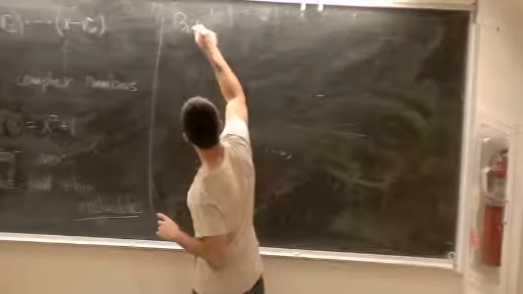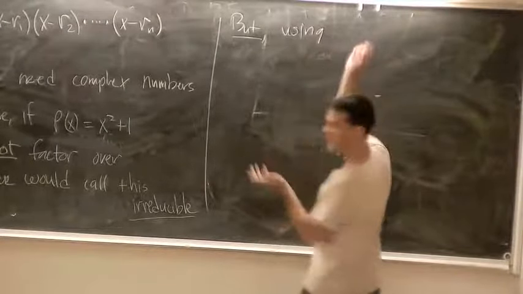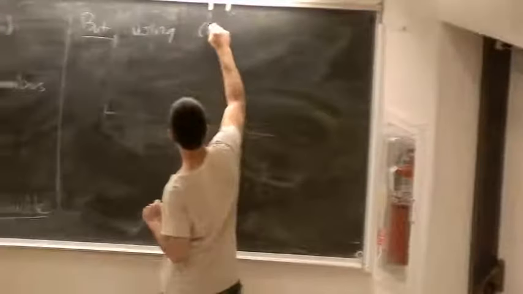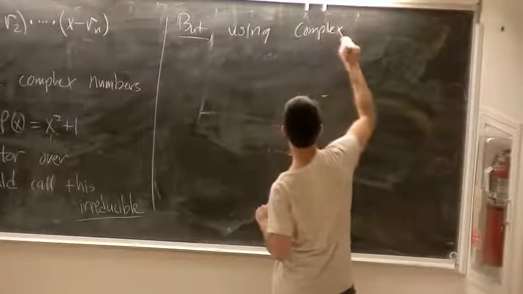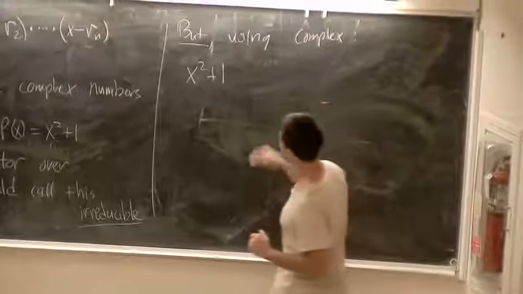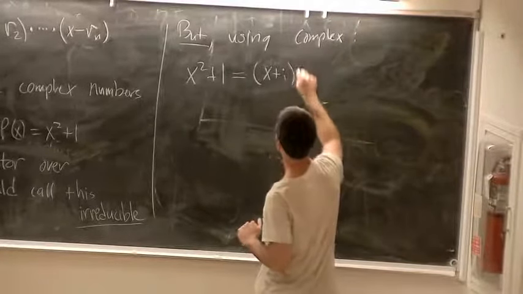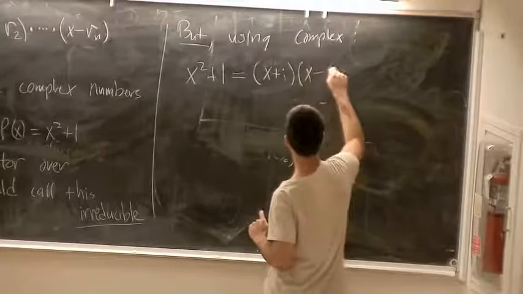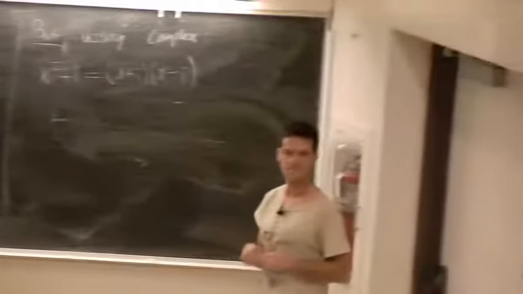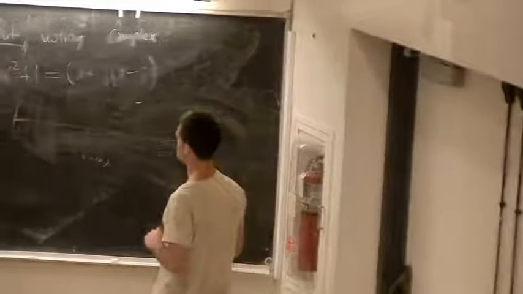But now, if we allow for complex numbers, we can factor it. And that is, I don't know if you guys know this already, but it factors as x plus i times x minus i. Go ahead and check this if you don't believe it.